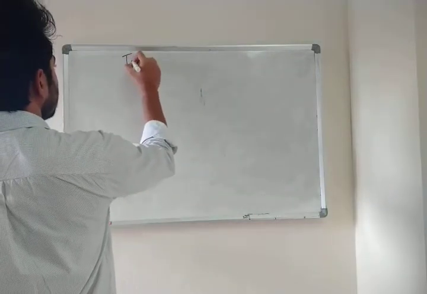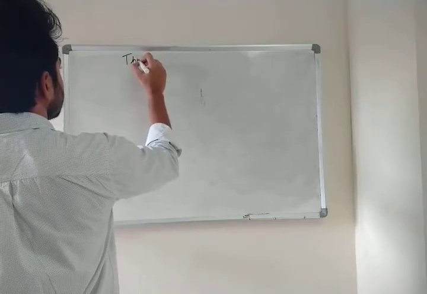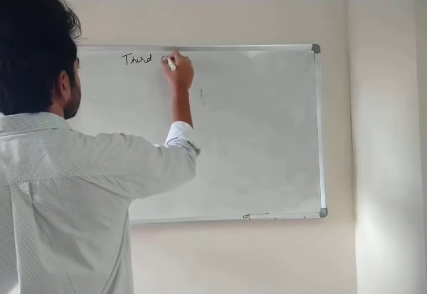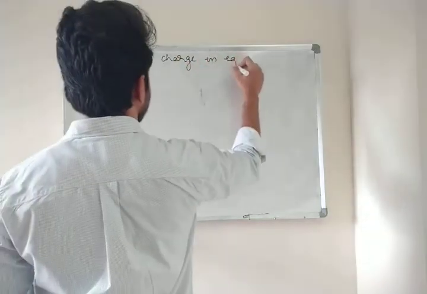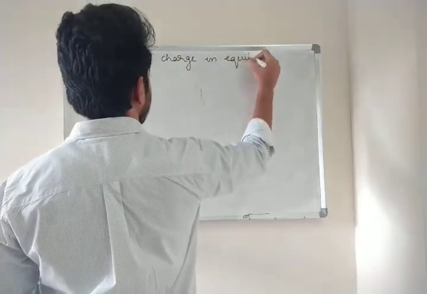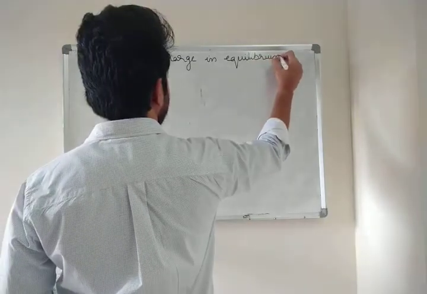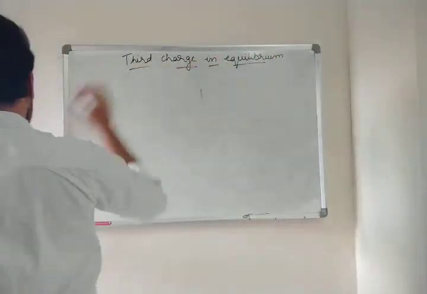Now our next type is, there's a small concept. Let us see. Third charge in equilibrium. What is this third charge in equilibrium?